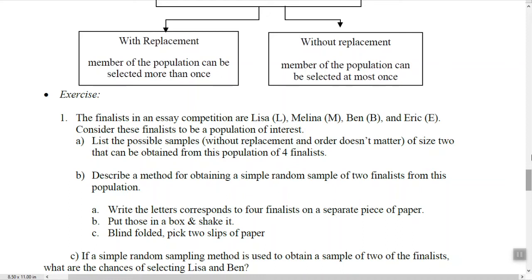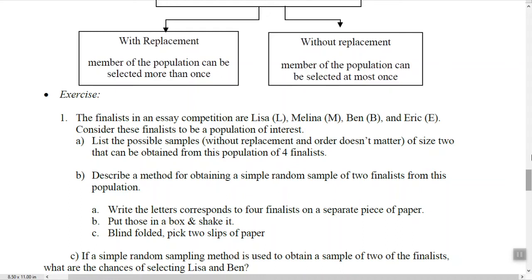Size 2 means we have to deal with pairs. We have to identify all possible outcomes from these 4 candidates. Pairwise, you have to identify how many pairs we have in this case.